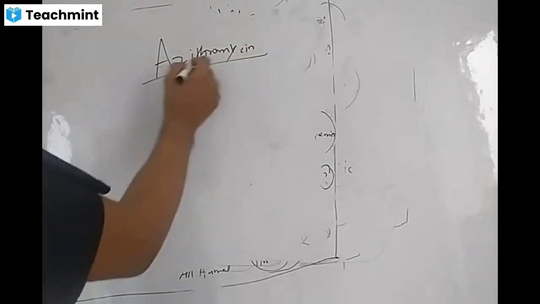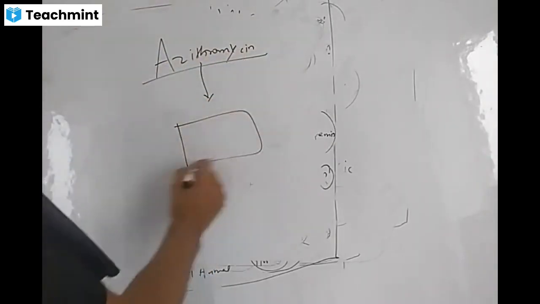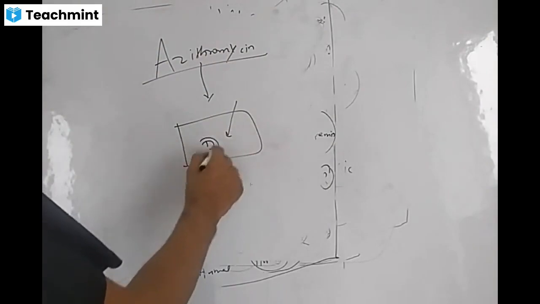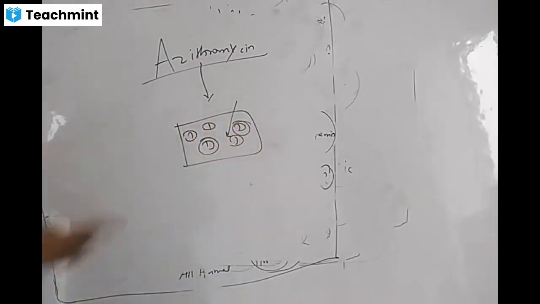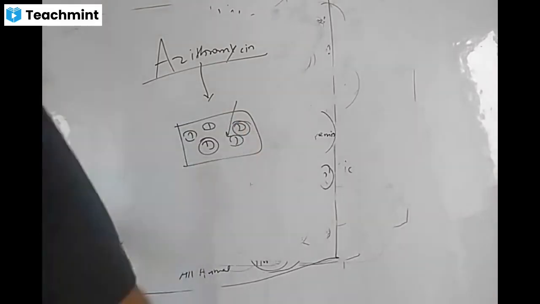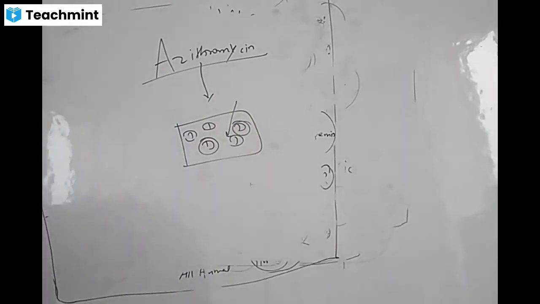The specific feature of azithromycin is that it accumulates more inside the cell. So it is able to kill all the bacteria which are present inside the cell, like Mycobacterium tuberculosis, Brucella, or other intracellular chlamydia, mycoplasma. If these are intracellular, they are killed by azithromycin because it accumulates more inside the cell.